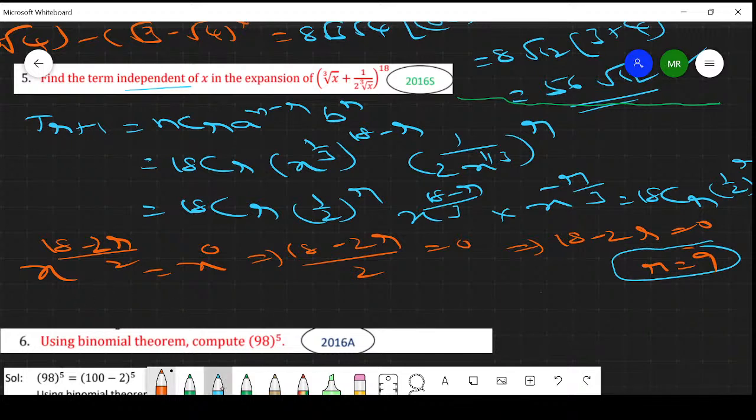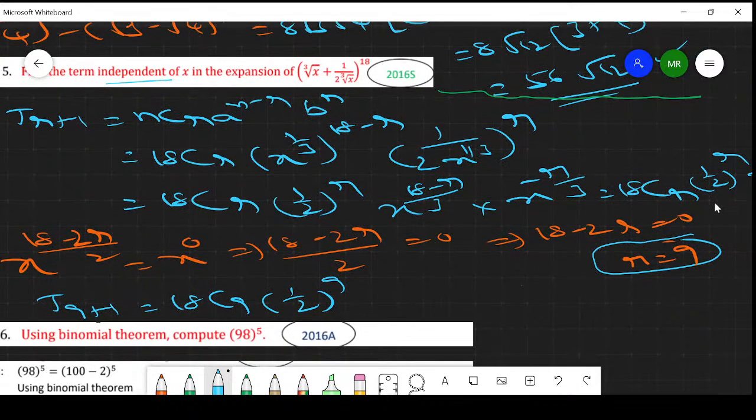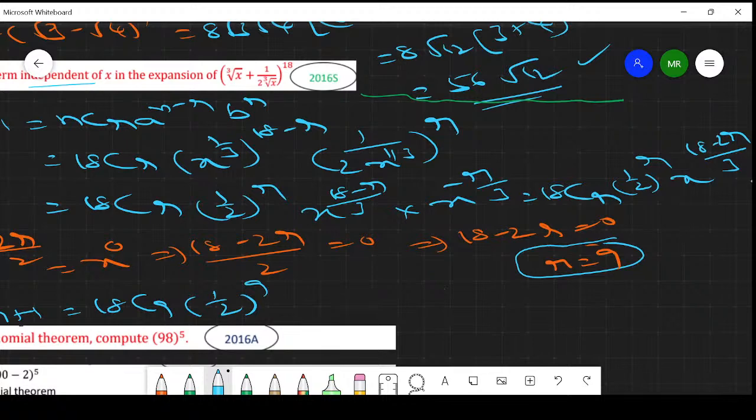If we replace r with 9 here, it becomes T(9+1), which is equal to 18C9 (1 by 2) whole power 9. If we substitute in x power (18 minus 2r) by 3, with r equal to 9, 18 minus 18 by 3 is 0 by 3, so it comes x power 0.